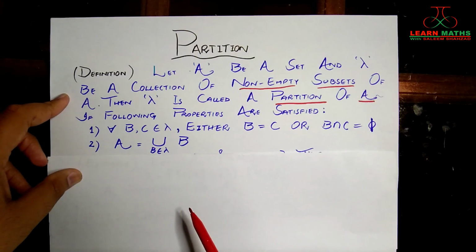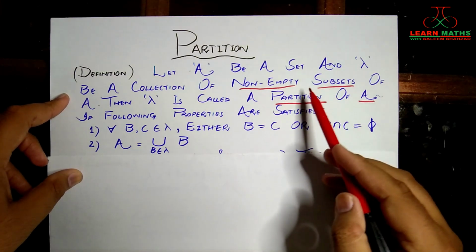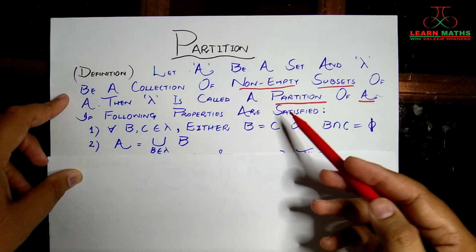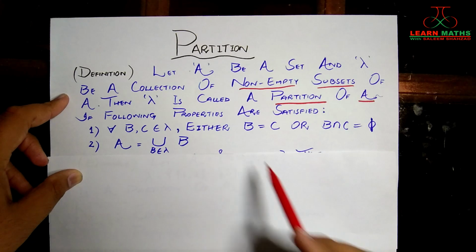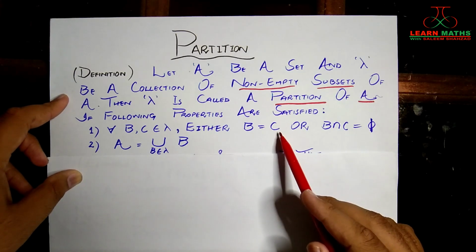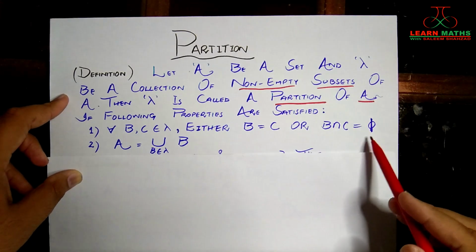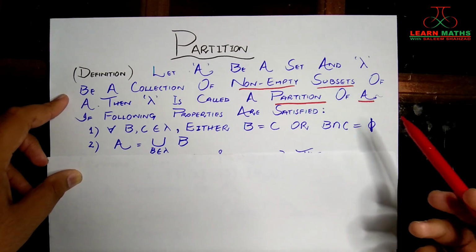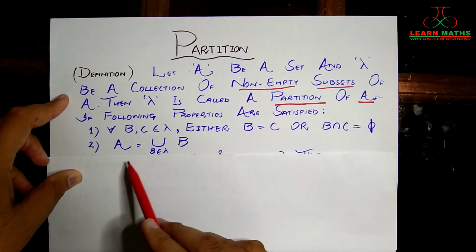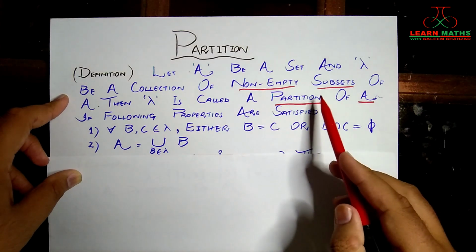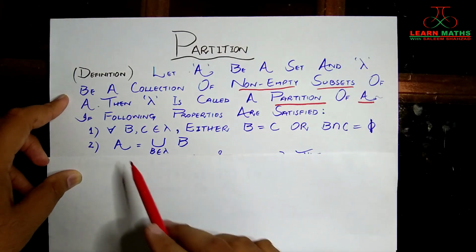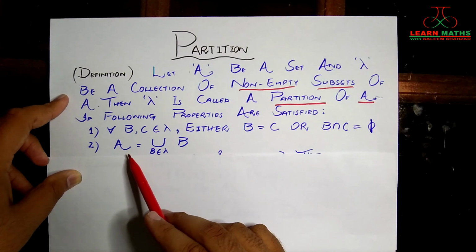The first one is that since it is a collection of subsets of A, if you take any two of them, then either those two subsets will be identical or their intersection will be phi, or you can say they will be disjoint. Okay, the second property is this: if we take the union of all those non-empty subsets which are present in this class, their union will be the whole set A.